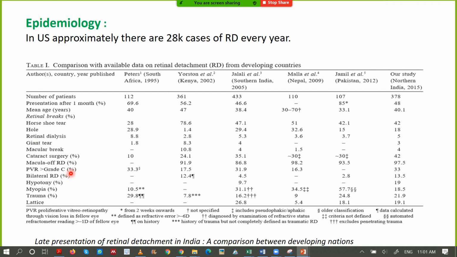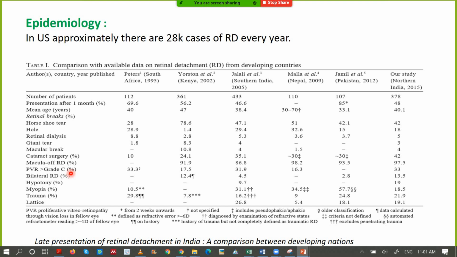Okay, so coming back, this is just the epidemiological causes. Prevalence is almost higher when there is a retinal breakage, because in the US there are about 28,000 cases of RD every year, and RD is a sight threatening condition which we have to consider.